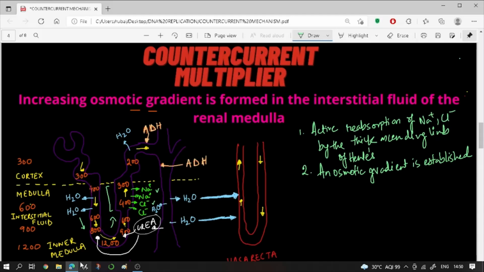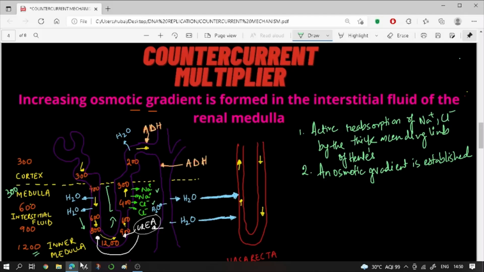As a result, the interstitial fluid of the medulla gets extremely concentrated with sodium and chloride ions. This results in the formation of an osmotic gradient which can range from approximately 300 milliosmoles in the outer medulla to approximately 1200 in the deep inner medulla.